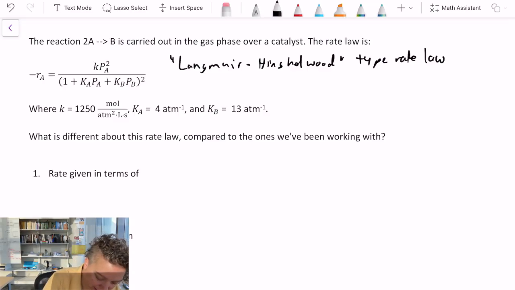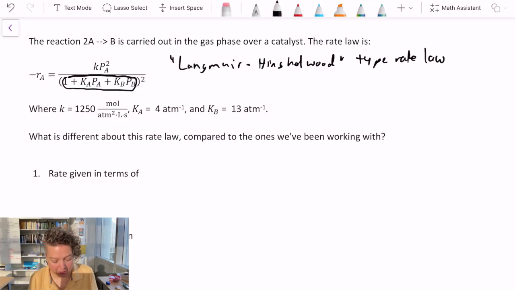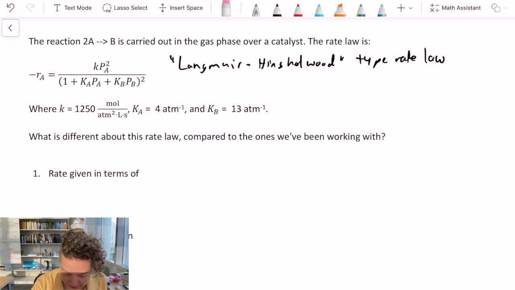Specifically, I'm going to show you in this lecture that this term inside the parenthesis is the free site coverage. Well, actually, 1 divided by that is the free site coverage. And the rate determining step has something to do with this term here.